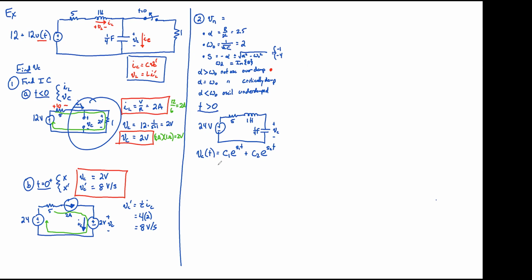So, sir, if those are non-real, that's when you would use the C1 e to the S1 t plus C2 e to the S2 t? No. When these things are unique and real, they are overdamped.